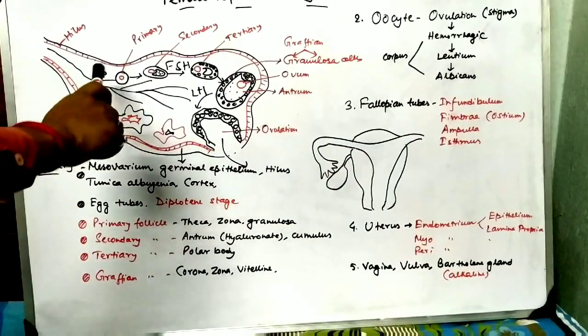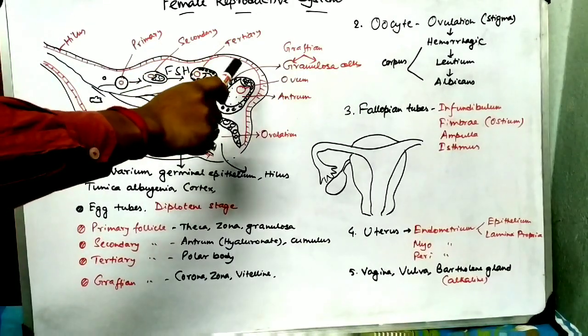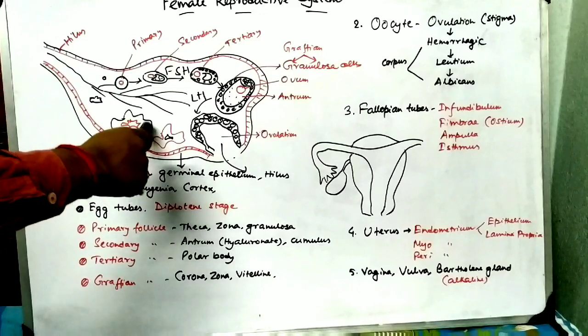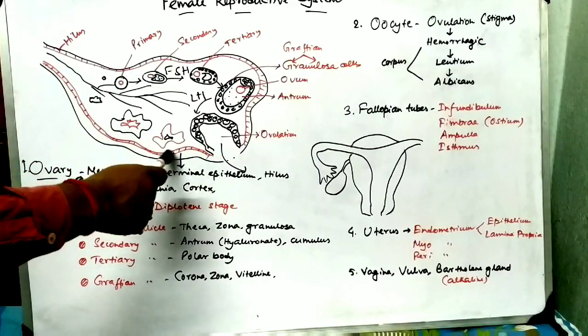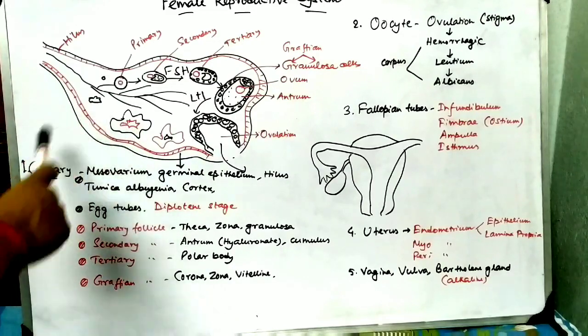So on this side, the follicles, the primary, secondary, tertiary, and Graafian follicles, form the estrogen, and after ovulation these follicular structures, which are now the corpus luteum, can form progesterone.